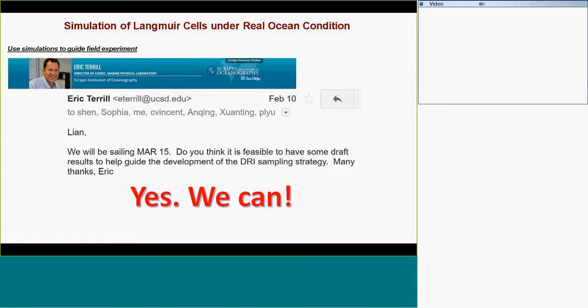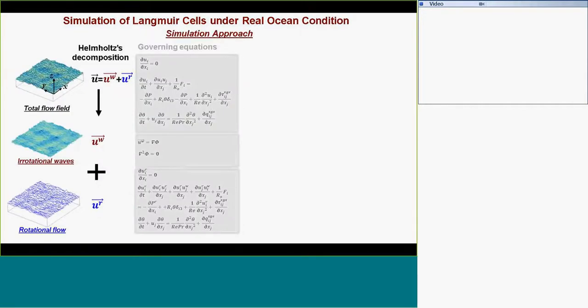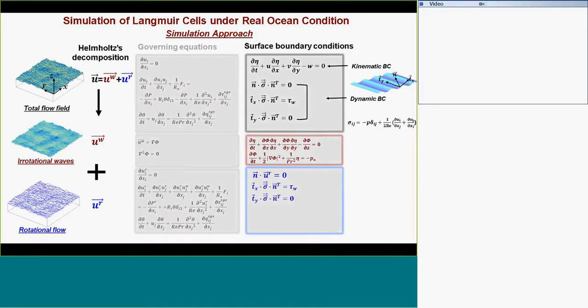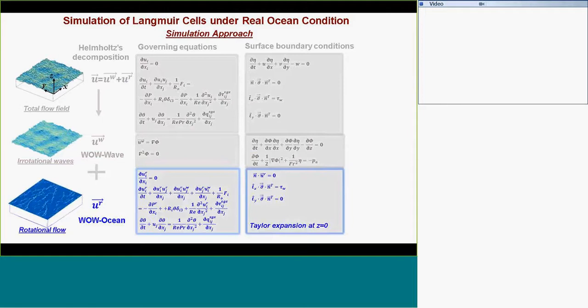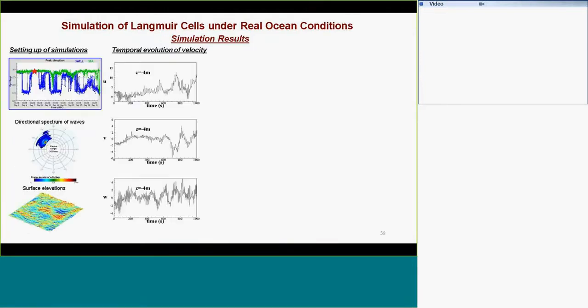fortunately, before that we had already developed a set of very advanced numerical tools to study flows in the real ocean, with a very complex wave system. I'm going to skip all the details, and what is shown here is one final result, using realistic wind data and wave data from the ocean to do the simulation.